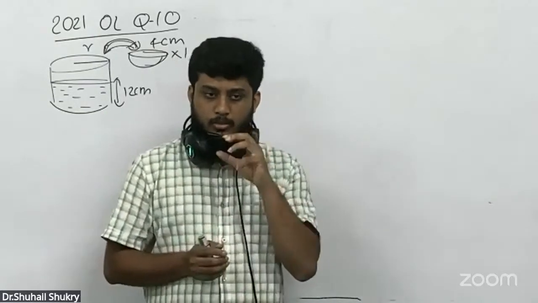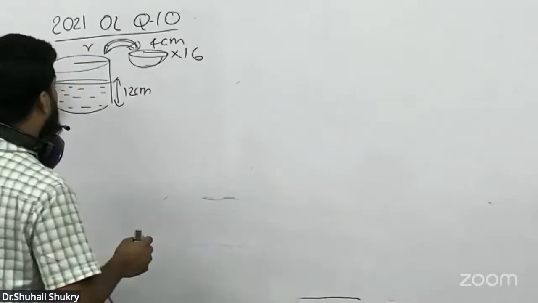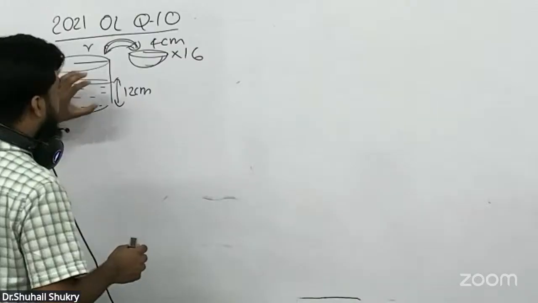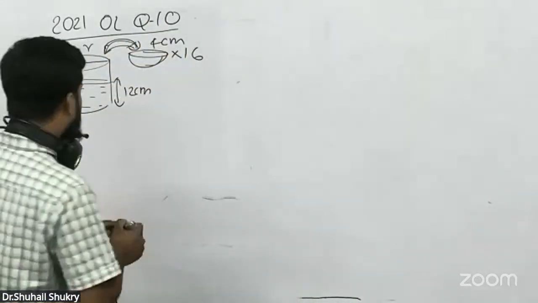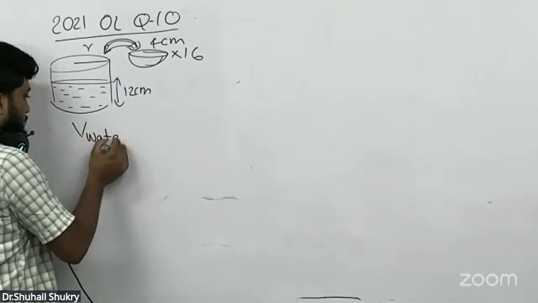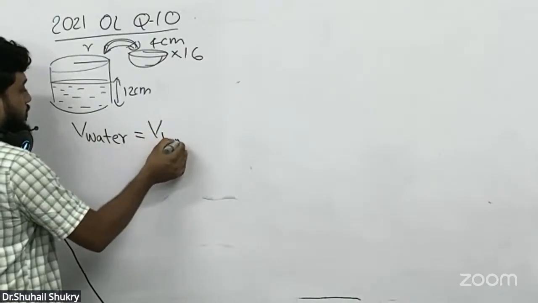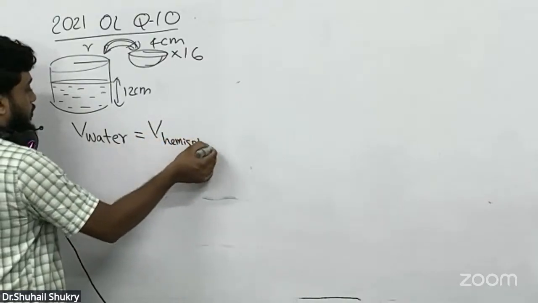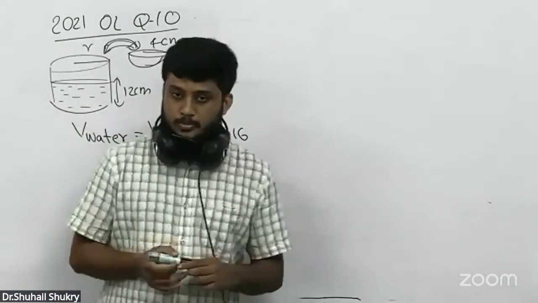Whatever the volume of this water should be equal to the volume of the 16 hemispherical containers. So I can write V water should be equal to V hemisphere into 16, because for 16 hemispheres, it should be equal.